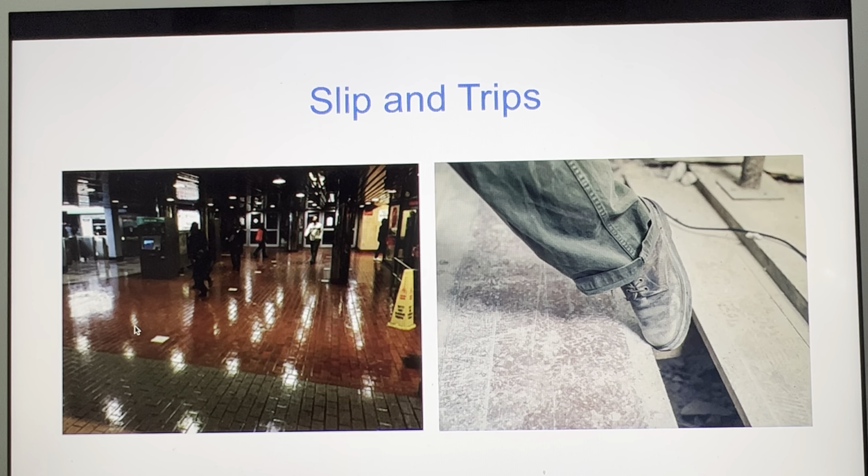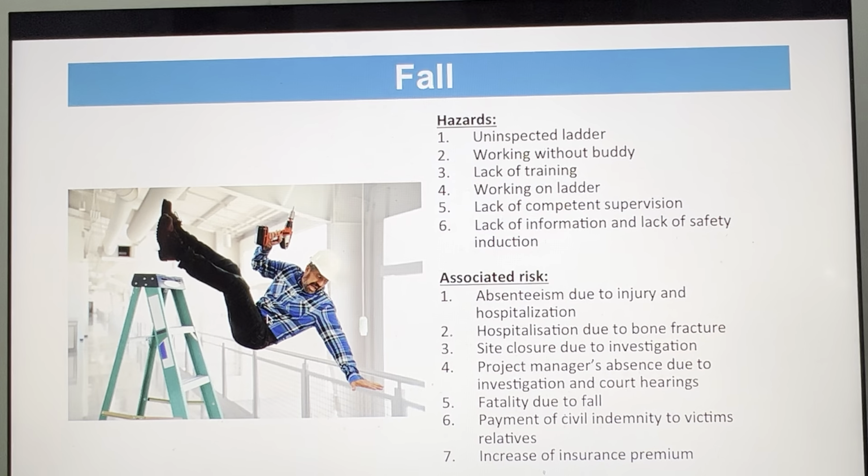Now, whenever the workers or assigned housekeepers are cleaning, assigned cleaners are cleaning the walkways, even inside offices, make sure that you have the warning to inform them that this surface is wet, to avoid people from slipping through the wet surface. Then we have here the fall, working above the floor.